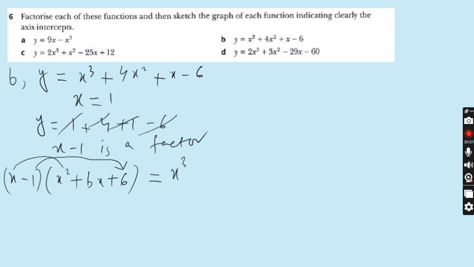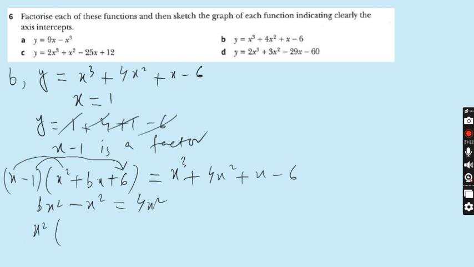Now the question is x cube plus 4x square plus x minus 6. Now compare the coefficients so we can find the value of b. How is it possible? x into bx is bx square, minus 1 times x square is minus x square, and on the right hand side the term is 4x square.